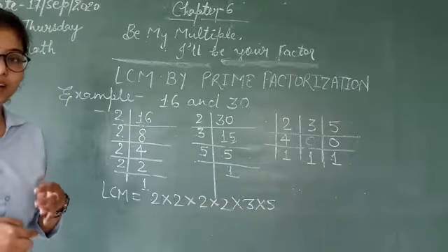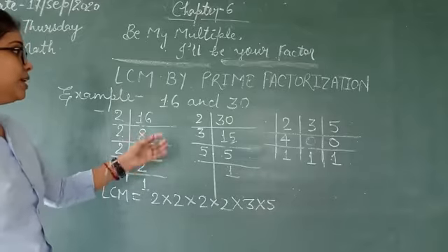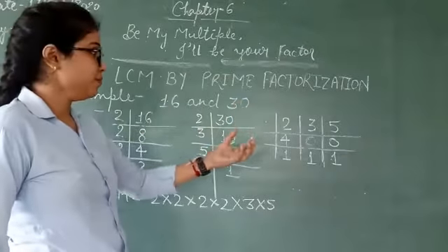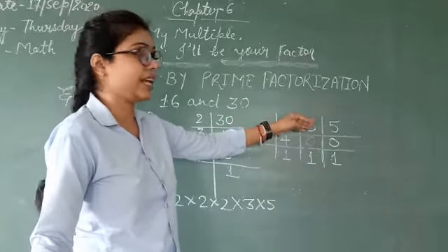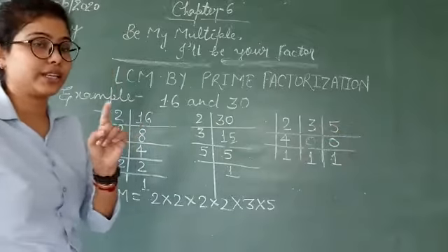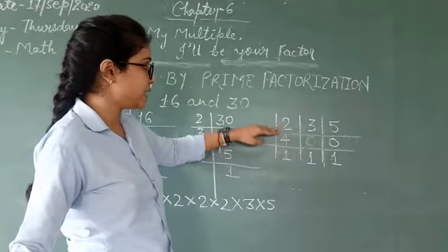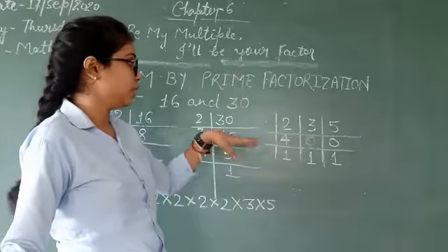Okay. Again I am explaining what you have to see: the maximum time in which 2 has come, the maximum time in which 3 has come, and the maximum time in which 5 has come, you have to take that time only. Like 2 has come 4 times in this. So you will take 4 times 2.